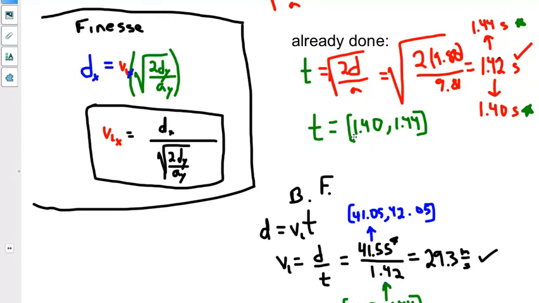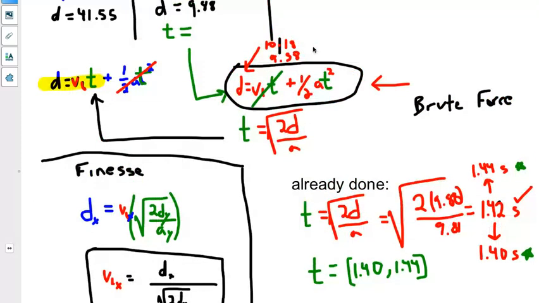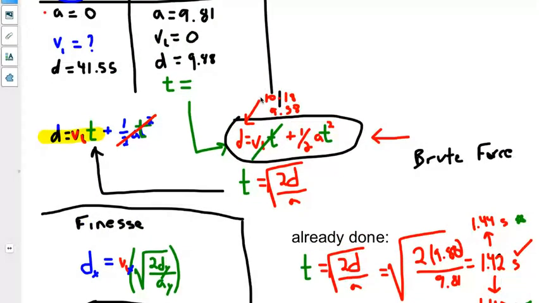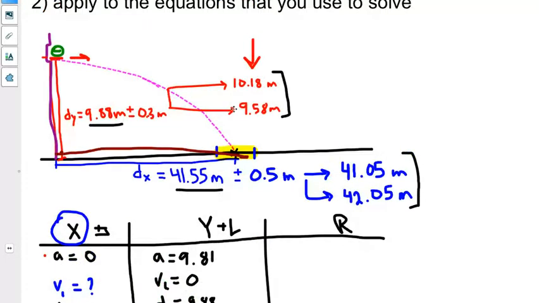Yes, this 1.40 to 1.44? Yes, absolutely. You see up here, that's what I said. The plus or minus 0.3 is this 10.18 and the 9.58. You remember that? Which came from what we said up here, the 9.88 plus or minus 0.3, 10.18, 9.58.